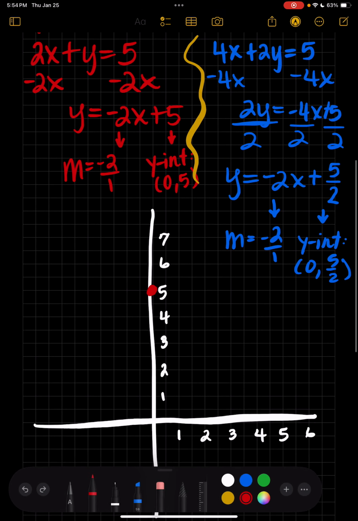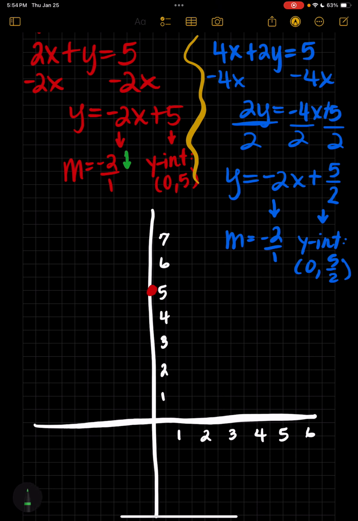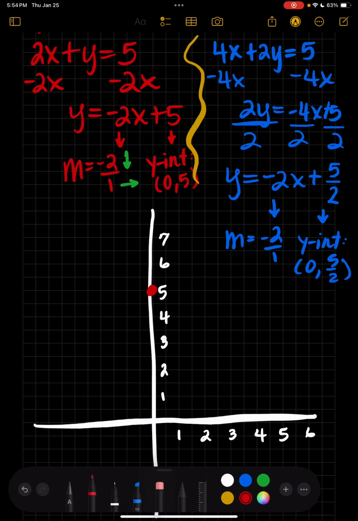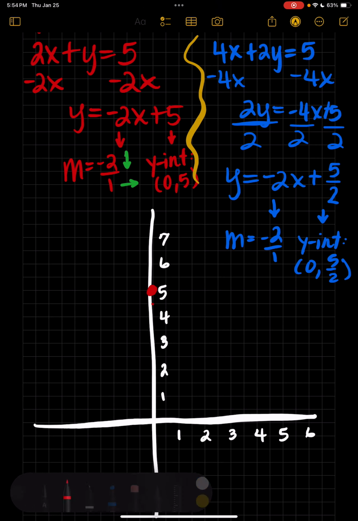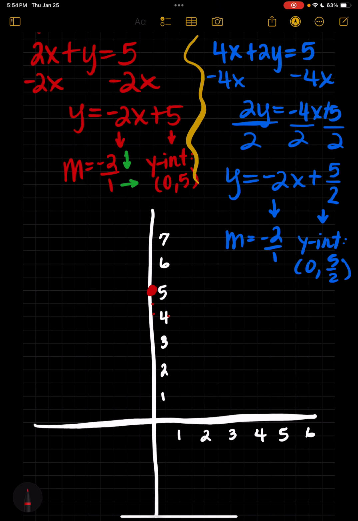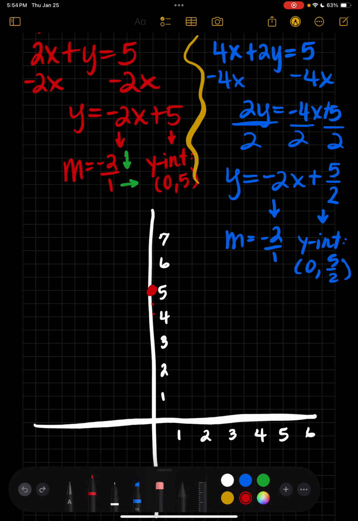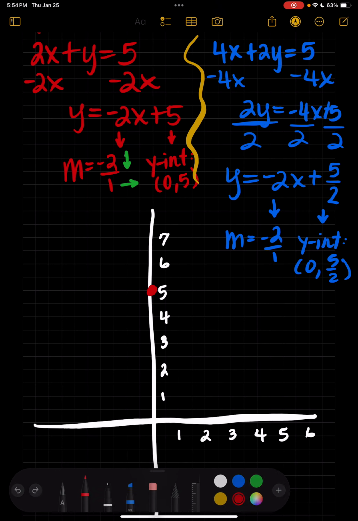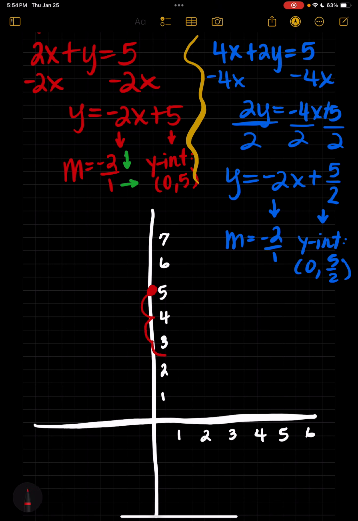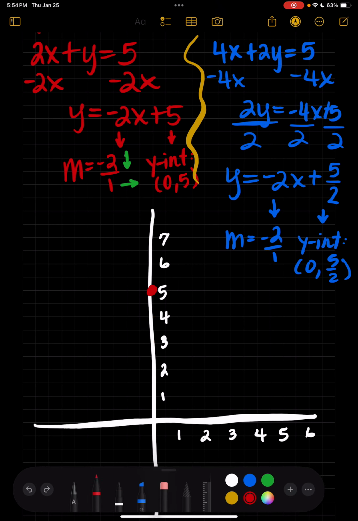Negative 2 over 1 means that I am going down 2 and to the right 1 unit. So you can either go down 1, 2, and over 1, or you can go down 1, 2, and then run 1, and you get the same thing no matter what.